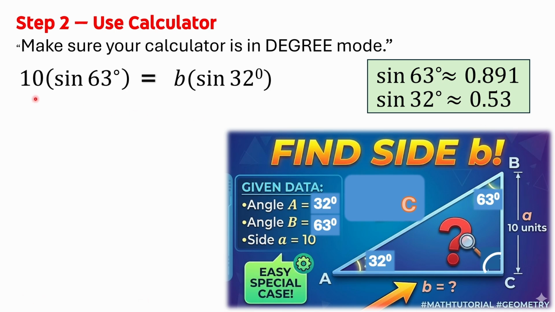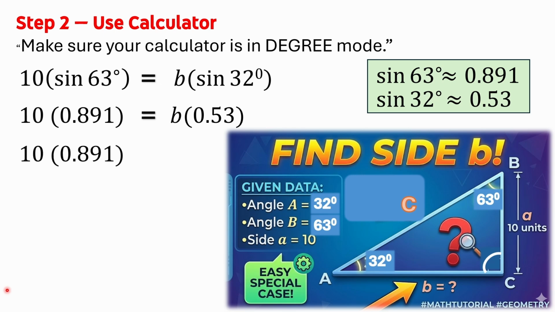Now we have 10 times sine 63 degrees equals b times sine 32 degrees. And the value of sine 63 degrees is 0.891. So we have 10 times 0.891 equals b times 0.53.